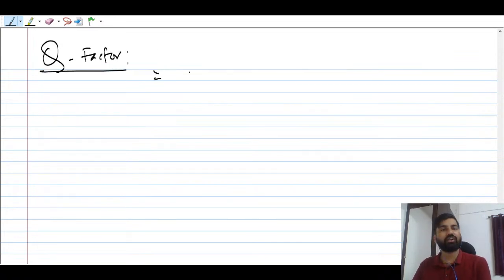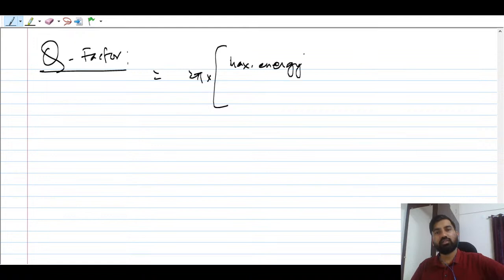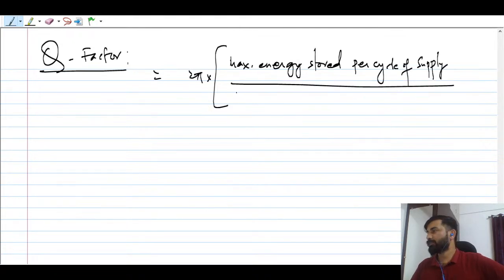You can compute Q factor by 2 pi times the maximum energy stored per cycle of supply upon the maximum energy dissipated. So maximum energy stored upon maximum energy dissipated is defined as Q factor.